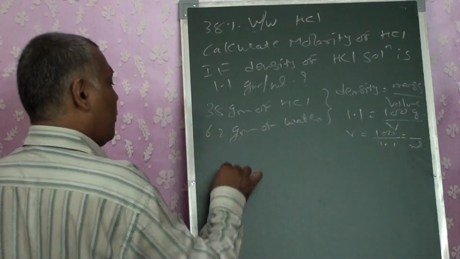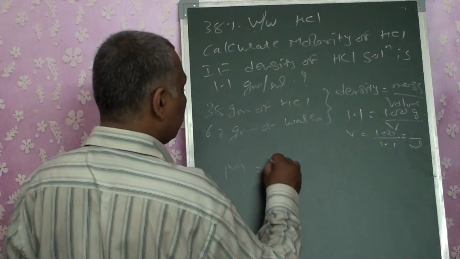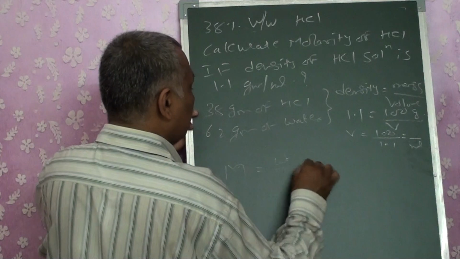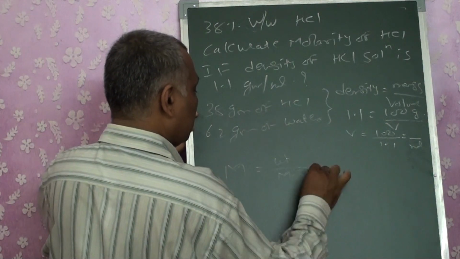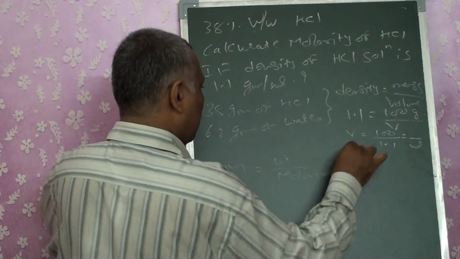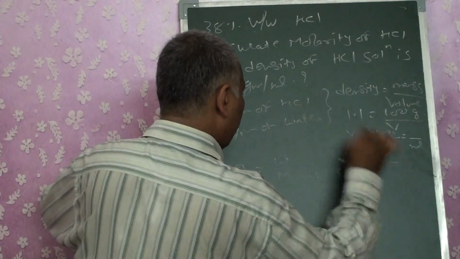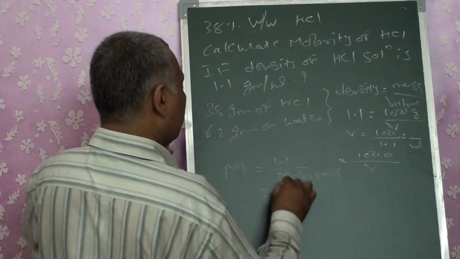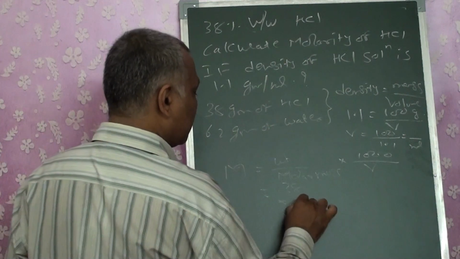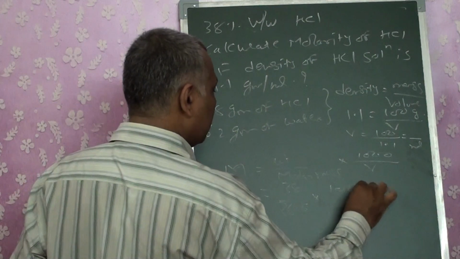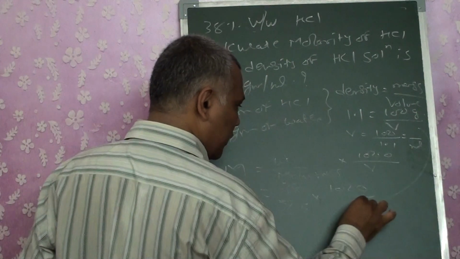Now putting it, molarity equals weight of solute upon molar mass times 1000 by volume. So we will get weight 38, molar mass of HCl is 36.5, times 1000 by volume, which we already calculated.